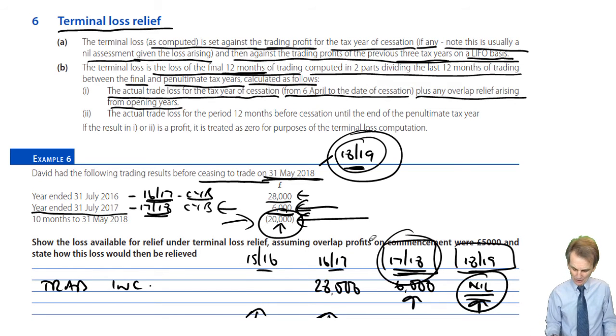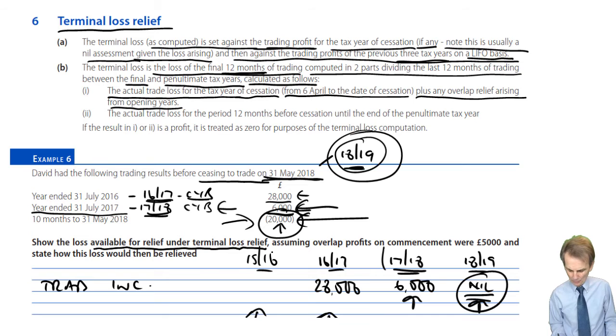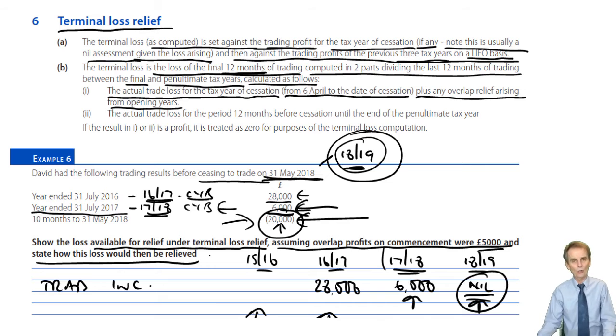That's why in the question, it said to show the loss available for relief under terminal loss relief, so very specific, assuming overlap profits on commencement were £5,000, and then to state how this loss would then be relieved. So the first part of the last 12 months of trading that we deal with, the bit that falls into the final tax year, is 6th of April to date of cessation.